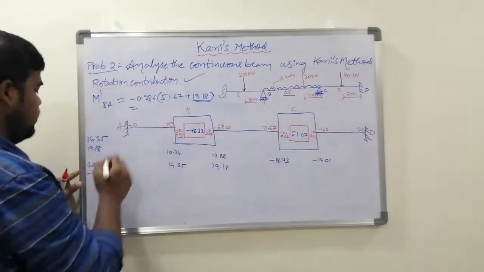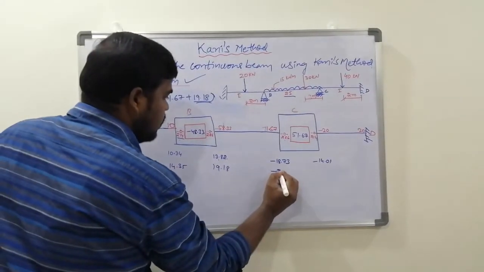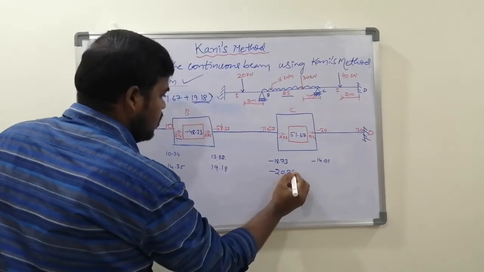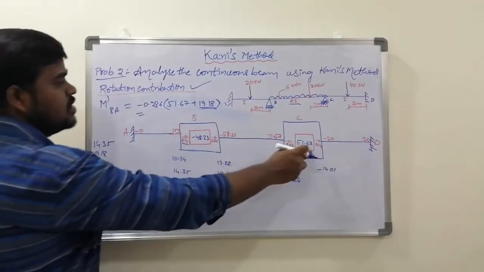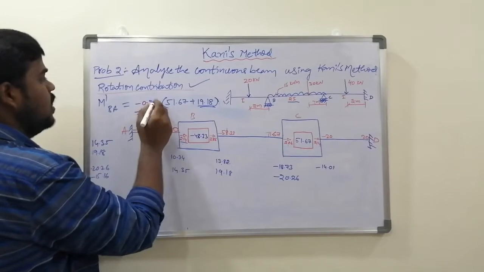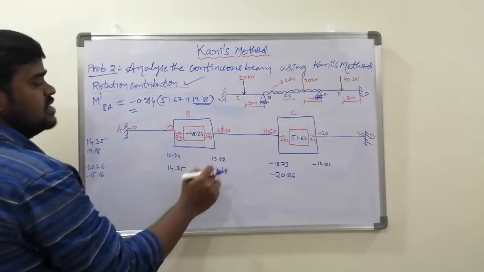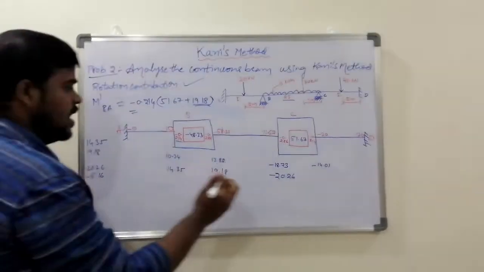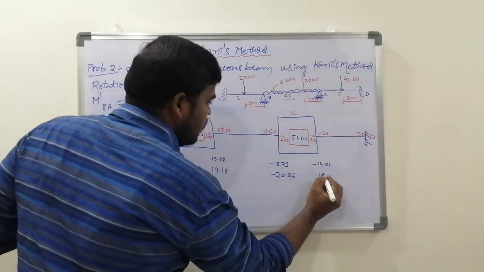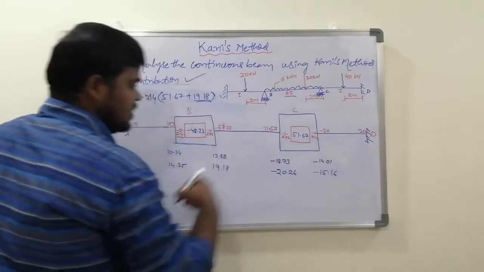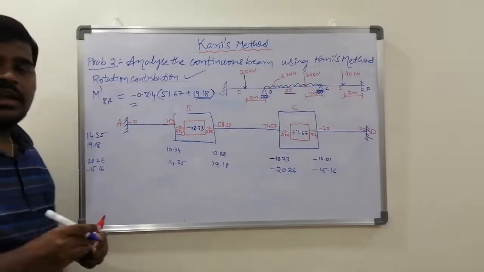If you solve this we get minus 20.26, and for this minus 0.214 into 51.67 plus the same 19.18, we get the answer as minus 15.16. So this is the second cycle.